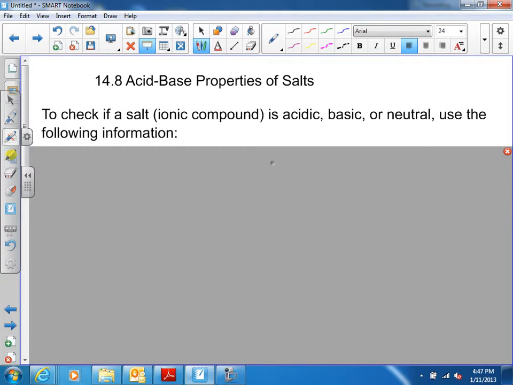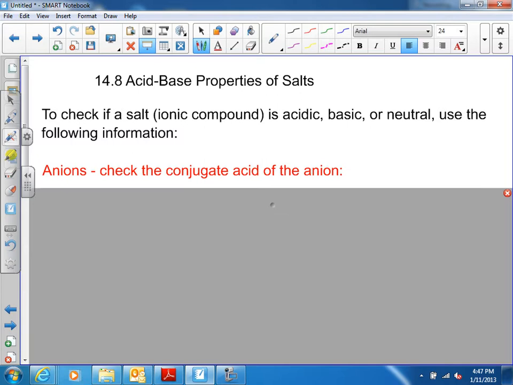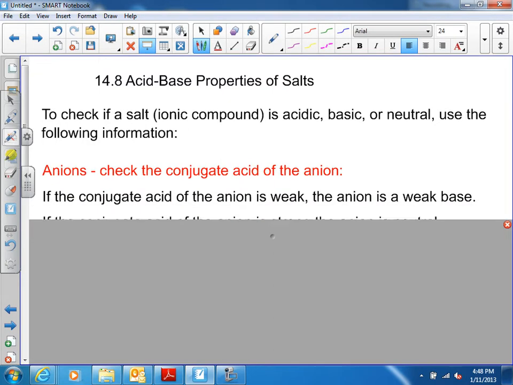So here we go. In order to check if a salt, which is just an ionic compound, is acidic, basic, or neutral, we're going to use this information below, which is repeating things that we learned earlier. If you have an anion, we know that neutral anions have conjugates that are strong acids, and basic anions have conjugate acids that are weak acids.